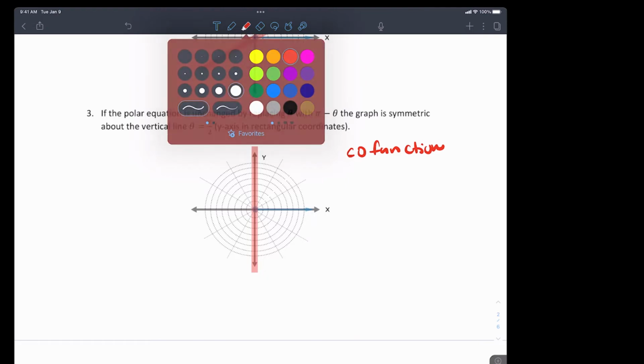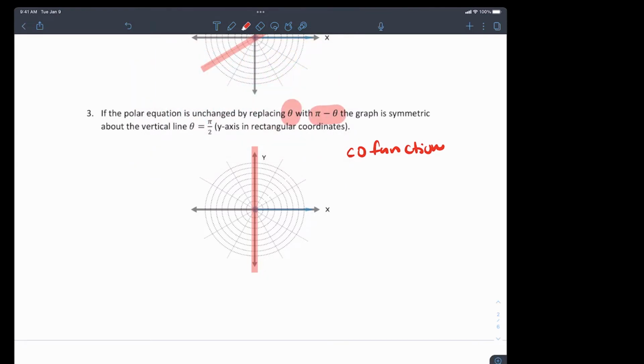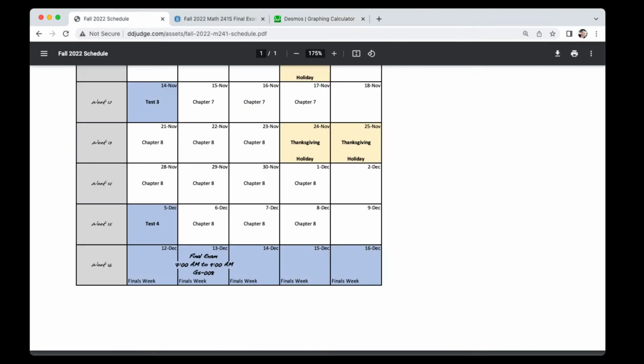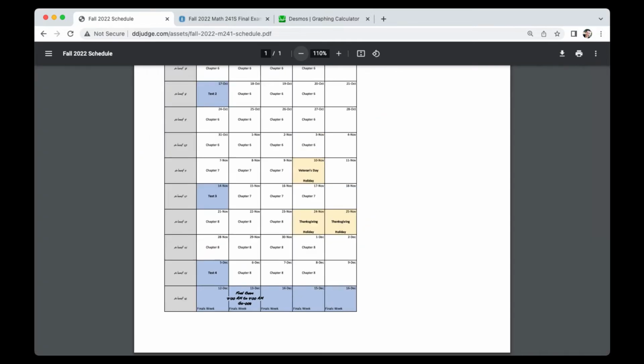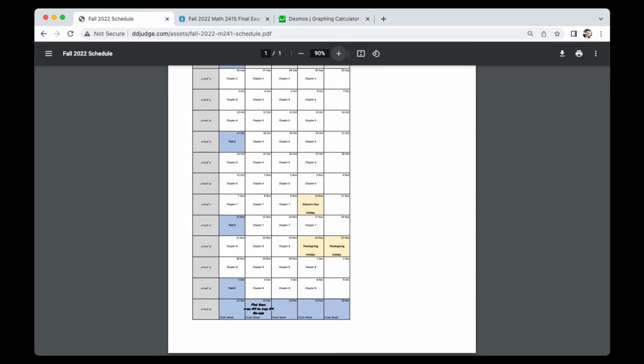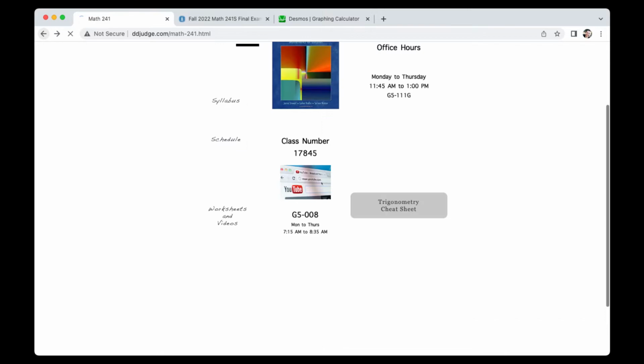Anybody remember if you have any cofunction identities? You might say, well, you're going to give me this identity sheet. That reminds me, I've got to make sure. Let's go back. Let's scroll out. We got our identity sheet.